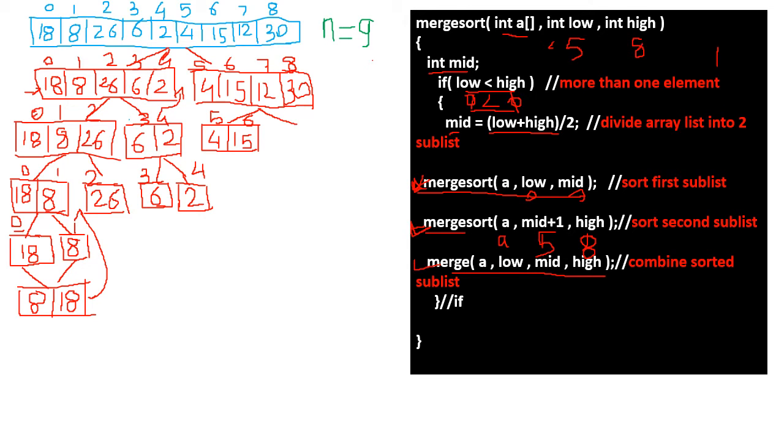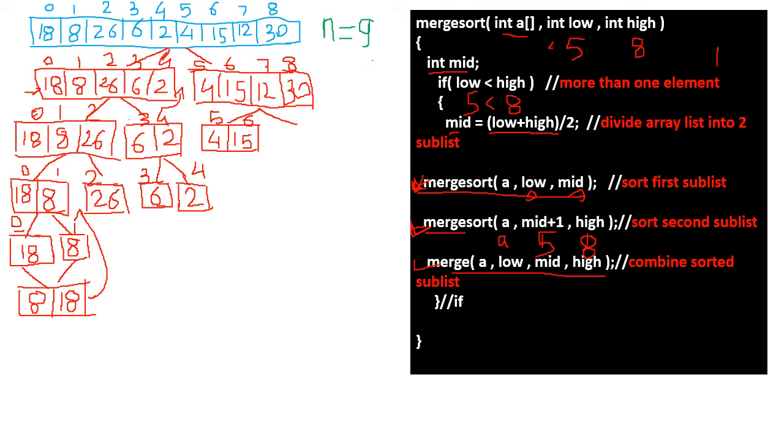Again here we will check the condition, whether low is less than high, that is, whether 5 is less than 8. Yes, 5 is less than 8. Then what to do? Again find out the mid. How can we find the mid?